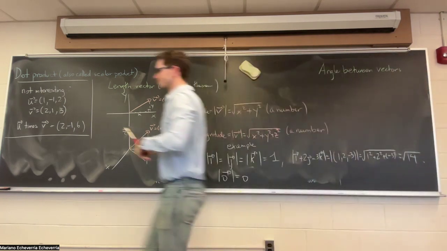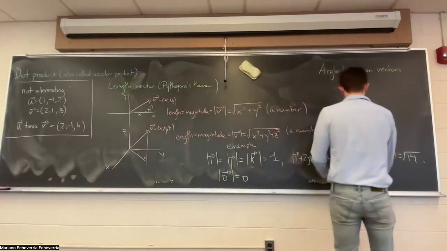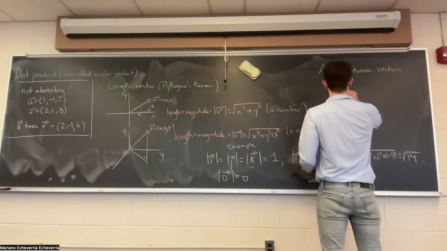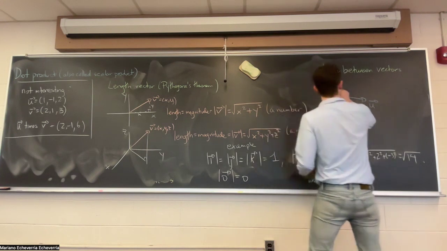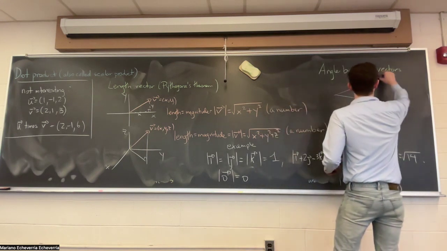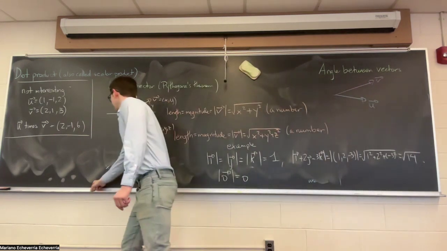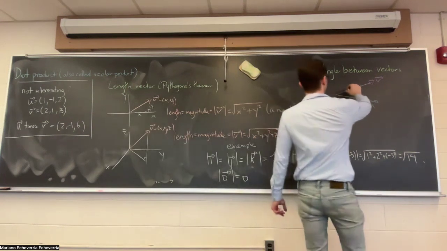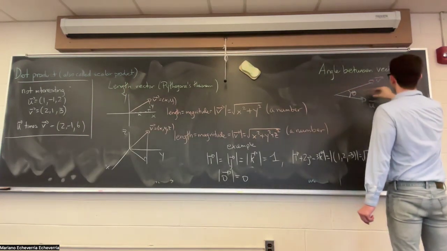So what I'm trying to say is that if you have two vectors, u and v, by the angle between them, I mean the one that you see right here. So you choose this angle.